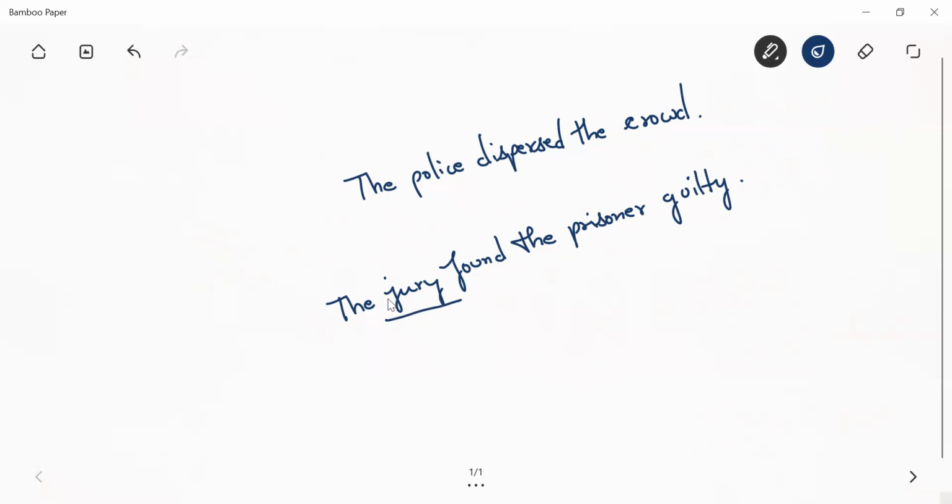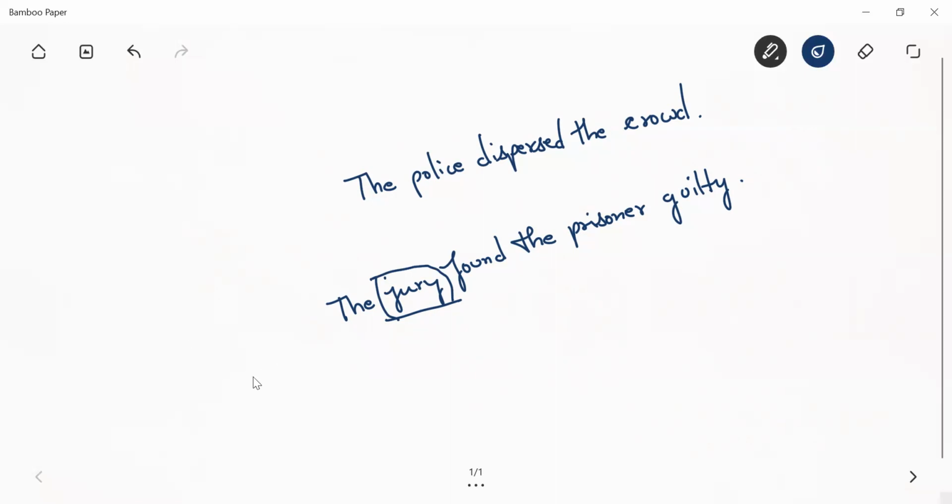The jury decided among themselves, and because it is many people, it becomes a collective noun. There are many words you should know about collective nouns. In questions there might be some words we are unaware of, so by practice we will come to know that a particular word also comes under collective noun.